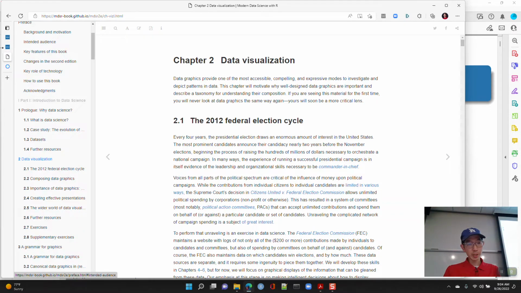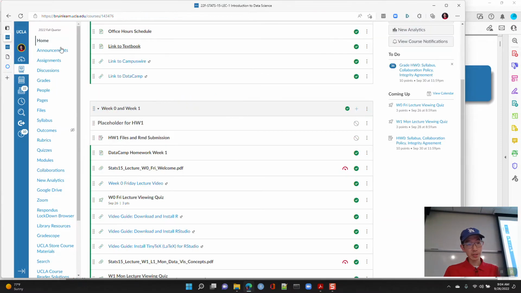Also, I want to make sure everybody received their DataCamp invitation and their Campus Wire invitation. Some students told me they were having issues with Campus Wire, or actually another student told me they were having issues with DataCamp. One of the key things is that whatever email address was invited, you have to sign up for an account with that email address. I know some of you are using @g.ucla.edu, and some of you are using @ucla.edu.